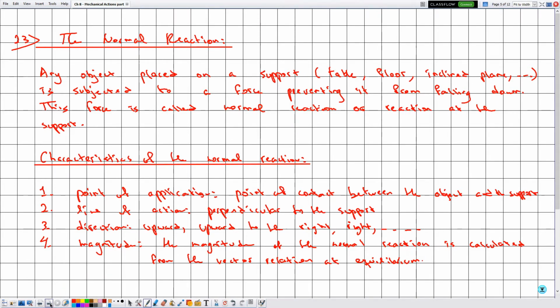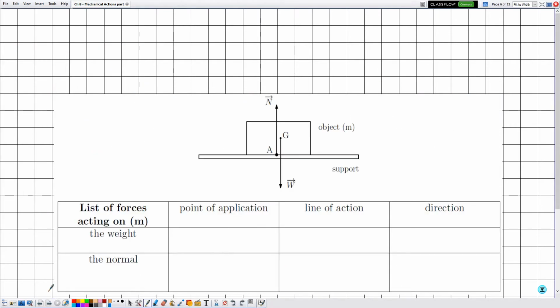And now let me consider the following example on a solid S, or an object M, subjected to two forces. So let me illustrate that this is an example. What's happening here in this example?